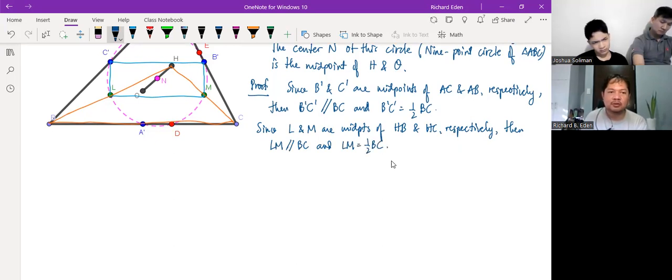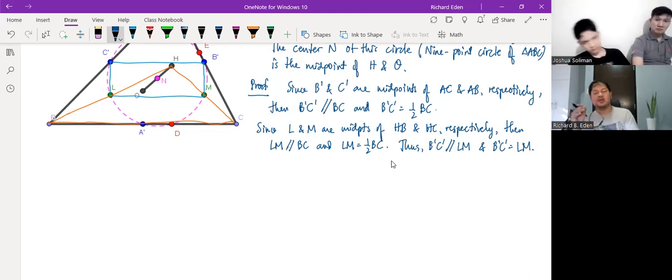And if you note the fact that B prime C prime is parallel to BC, which is in turn parallel to LM, then that means B prime C prime is parallel to LM, and B prime C prime equals LM.